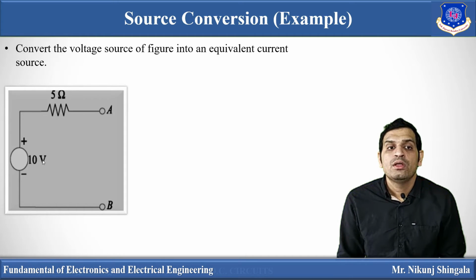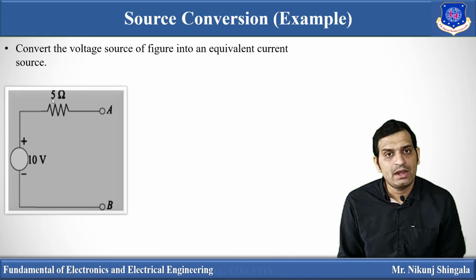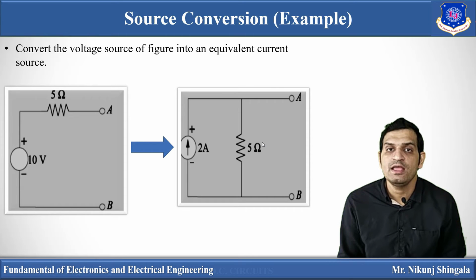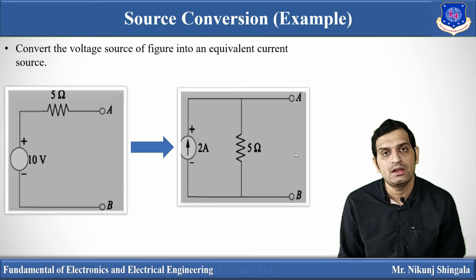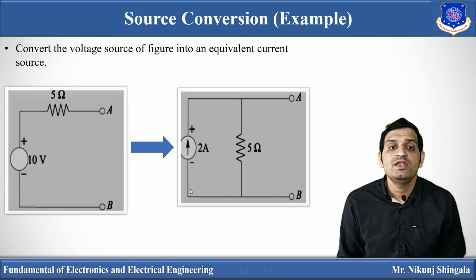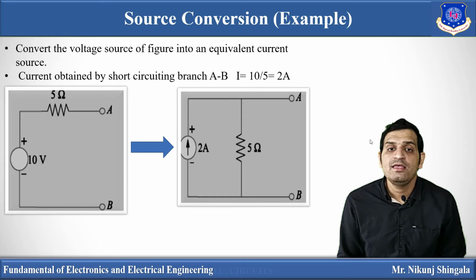We know the series resistance becomes the parallel resistance, so this circuit can be converted into this circuit. Here the 10 volt voltage source is converted into a current source, and in both cases the resistance is equal. So the series resistance becomes the parallel resistance and both resistances are 5 ohm. Now what is the value of the current source? It is given by I equal to 10 by 5, that is 2 ampere.